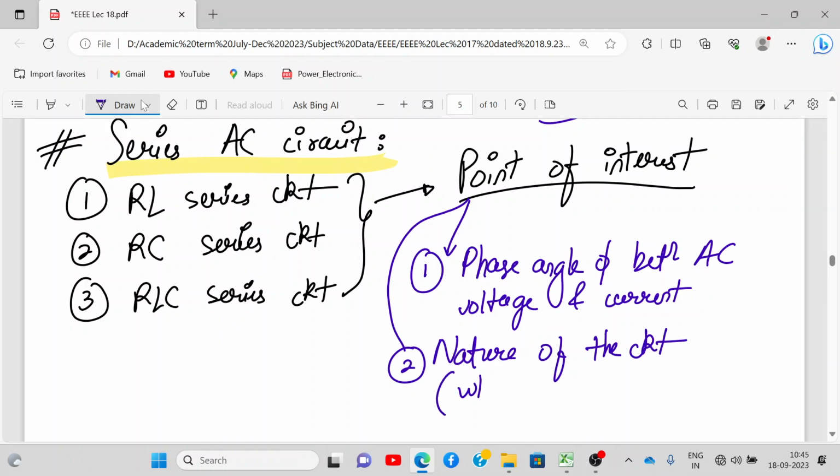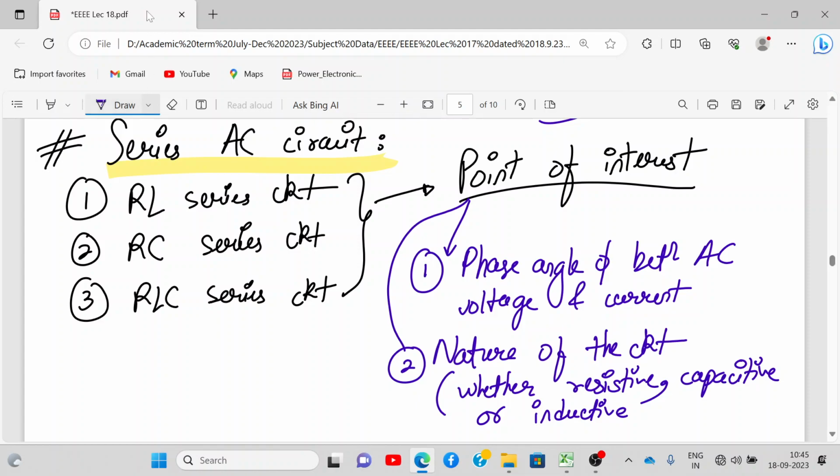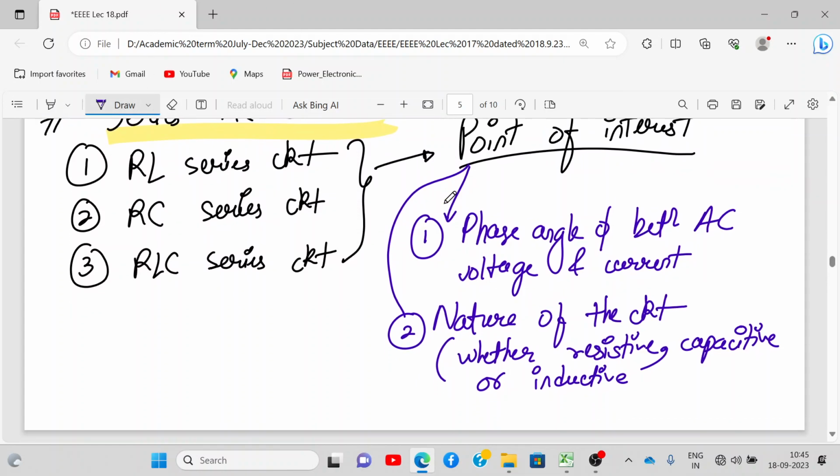So next point of interest is finding nature of the circuit, whether resistive, capacitive or inductive. After doing that, the next point of interest will be finding circuit impedance, correct?